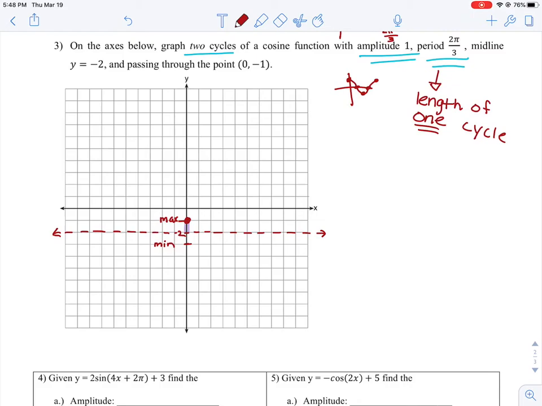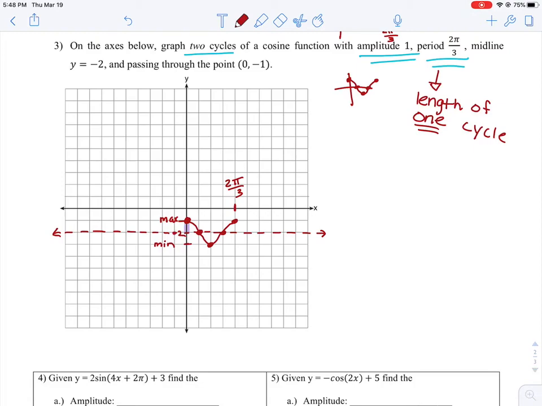So I'm going to show you guys 2 ways that you can do this. If you know that this is your period, this 2 pi over 3, if you just do your critical values, I know go box, box, box, and 1 box, and I have this cosine graph here. As long as you label one part on your x-axis and you're telling me that period is 2 pi over 3, and then you go the other way since they want 2 cycles, or you could continue to go that way.